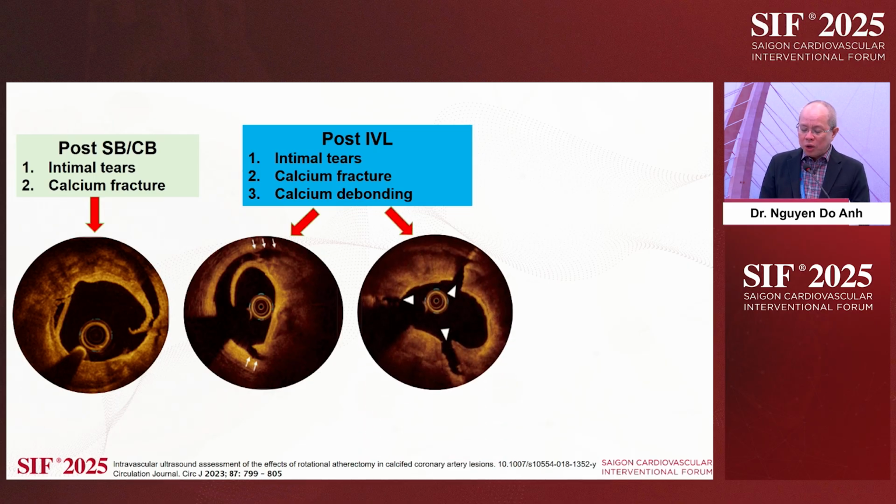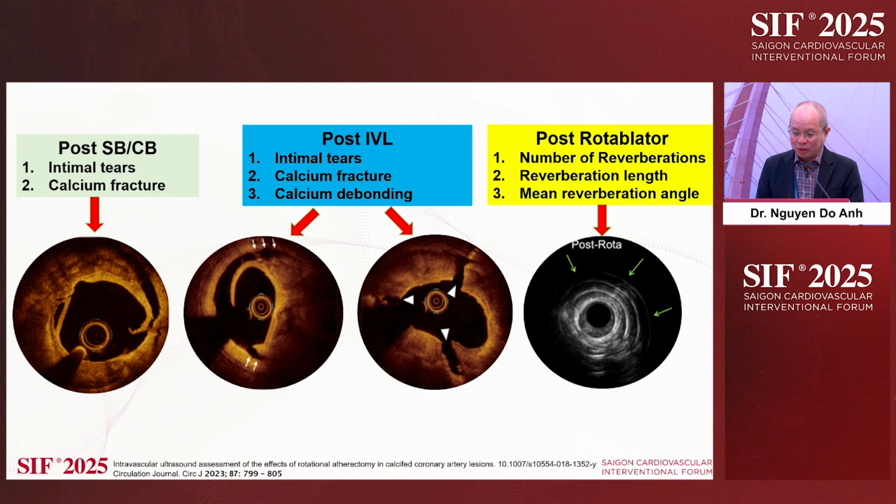But if we use the rotablator and you use IVUS, at that time we have reverberation. Trick question: how many reverberations in IVUS do you consider enough? It depends on your frame, so the number of reverberations, the length, and also the angle decide a good indicator of good lesion preparation.